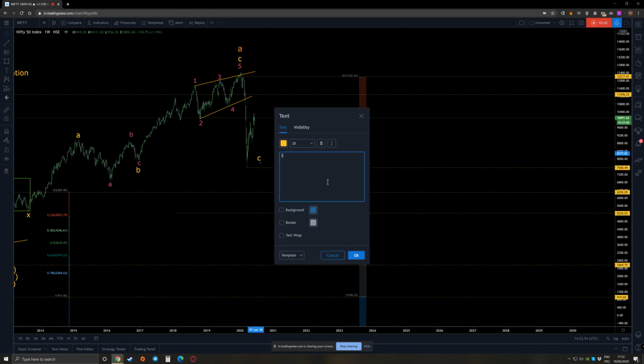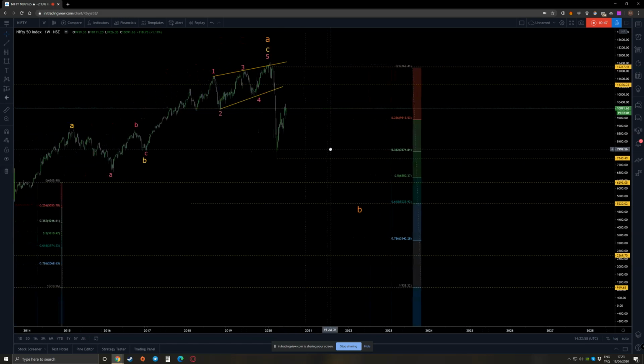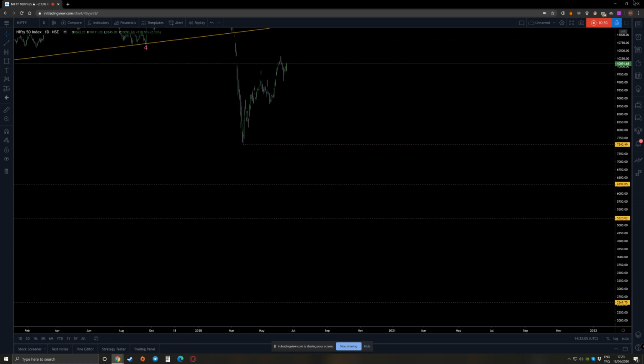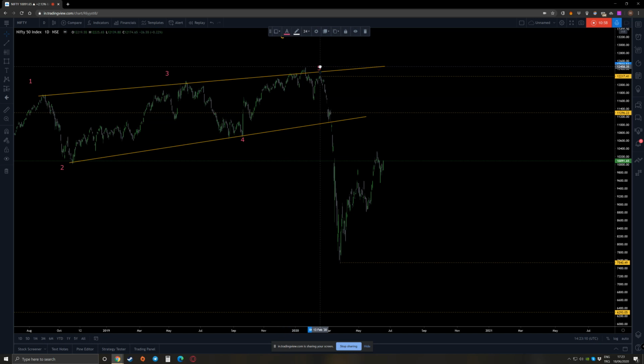Now, in order for this to come, of course, we need to go to one lower degree. Okay. What does this look like? Well, it looks like this is the end of fifth wave actually.